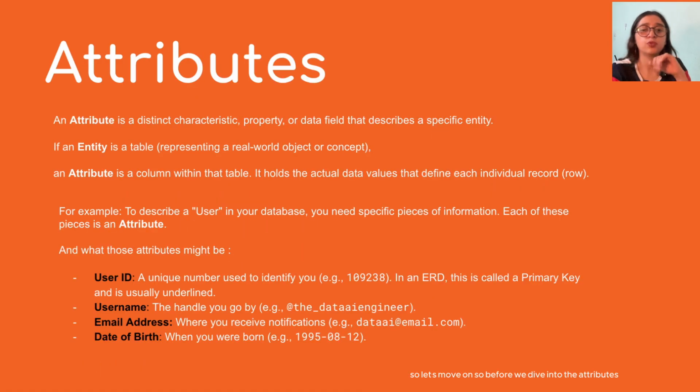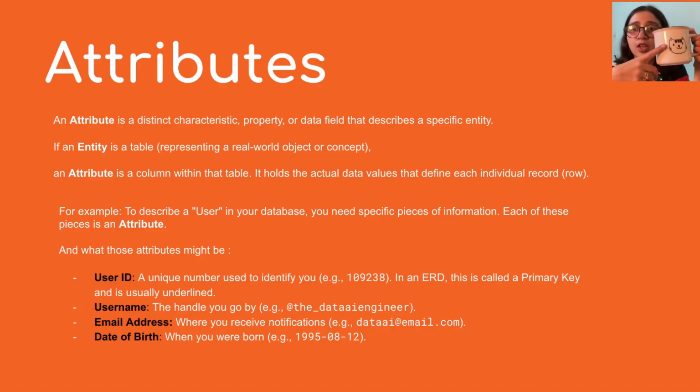So let's move on. Before we dive into the attributes, let me grab my cup. Imagine this is a cup. Now how would you define this cup? You would say it's a cup that's white in color, that has a cat on it, and that has a black rim at the top. So you said it's a cup, but its color is white, it has a cat logo and a black rim.